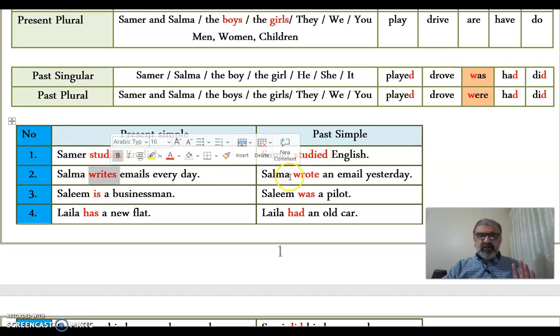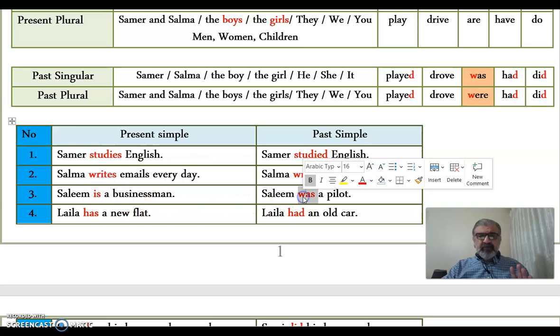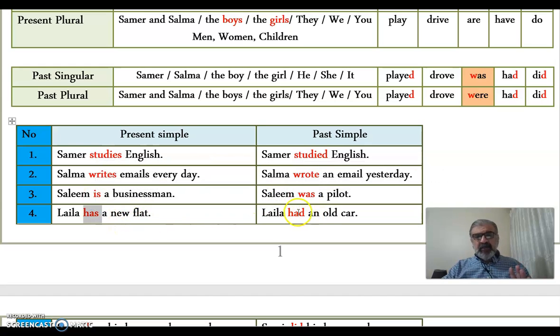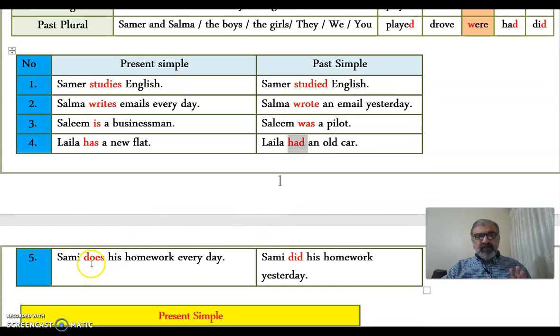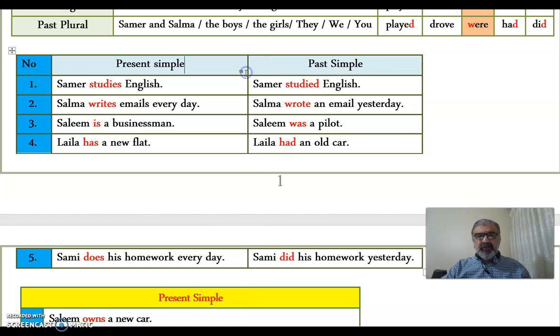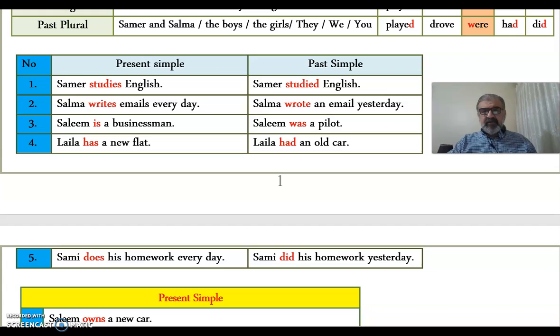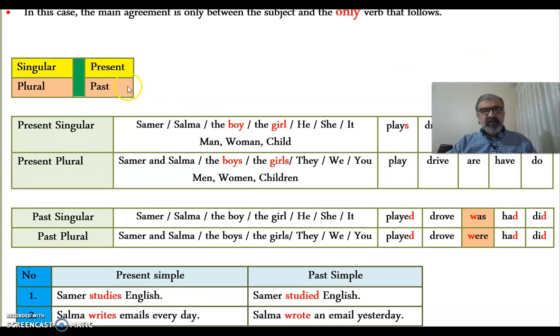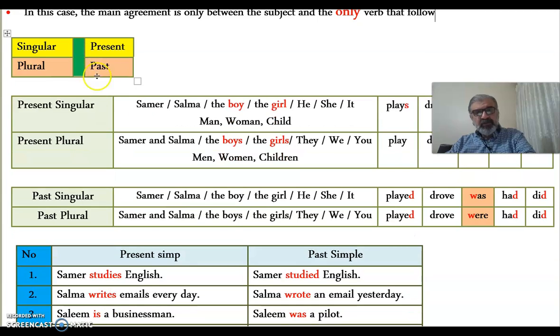Writes, emails, wrote, is and was, has, had, and finally does and did. So again, as you can see, all these are used either in the present or in the past. As easy as that. Let me just take this up a bit so I can show you a clearer picture.